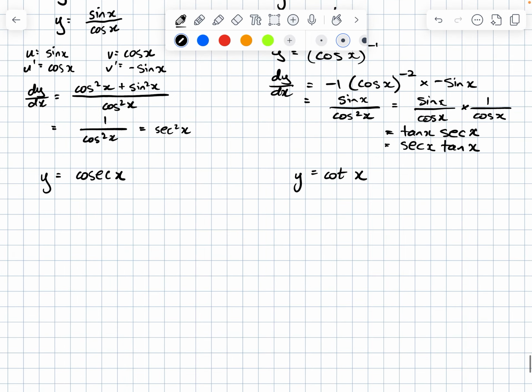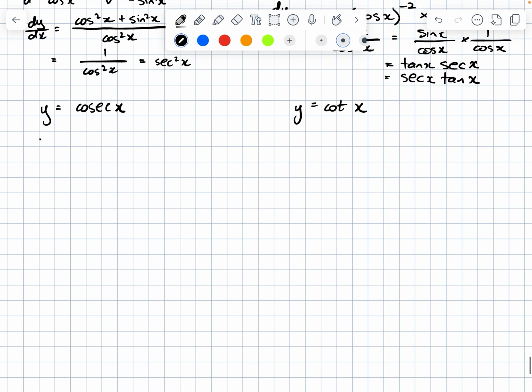Exactly the same thing can be done with cosec. This time y equals 1 over sin x, rewriting cosec as 1 over sin x, treating that as a power of 1 and bring it to the top. y equals sine x to the power of -1. Differentiating, we get dy dx equals -1 times the bracket, reduce the power by 1, and times by the derivative of the bracket.